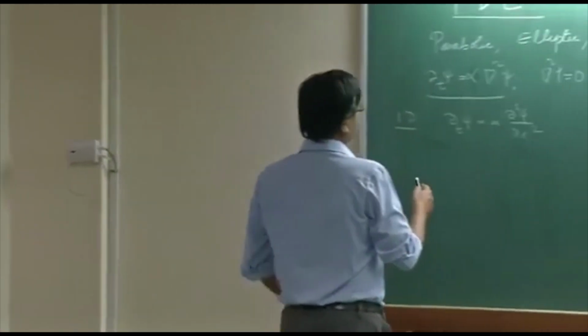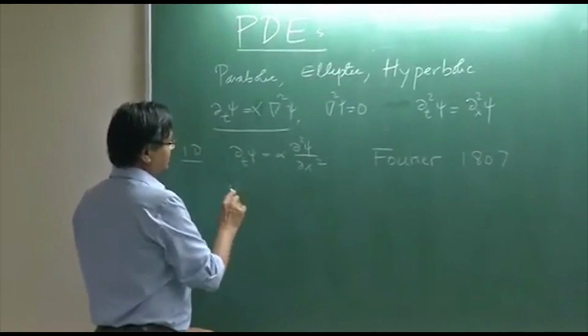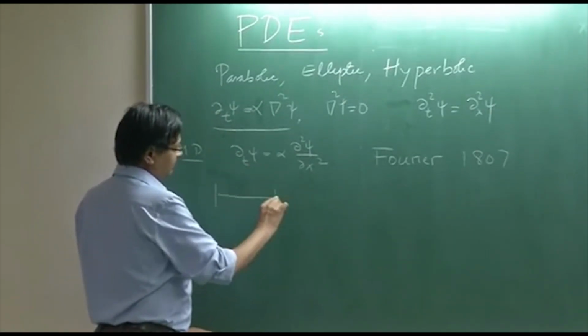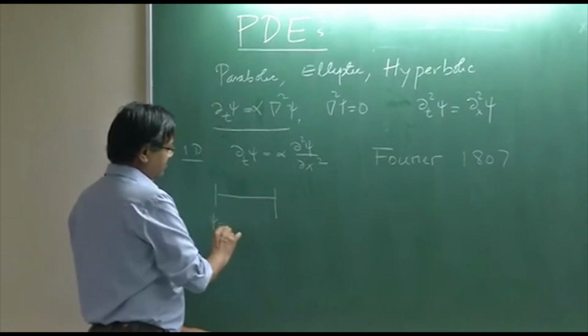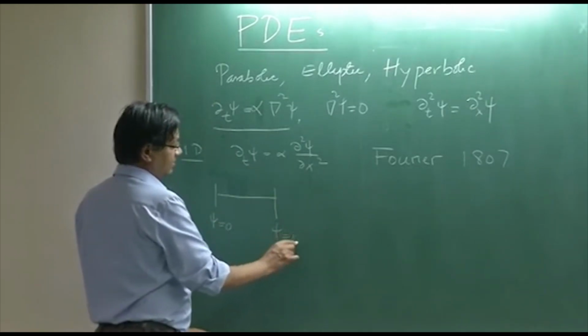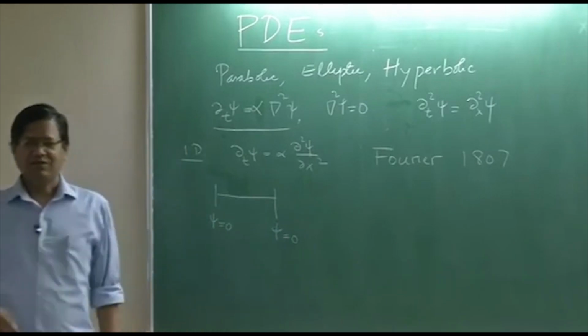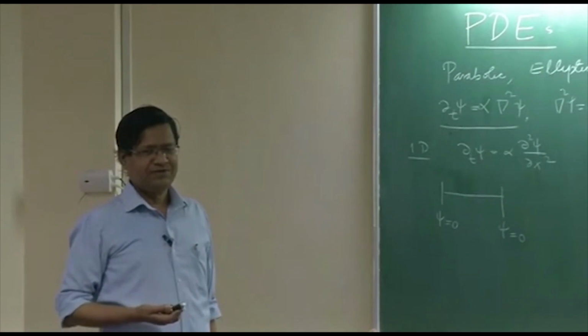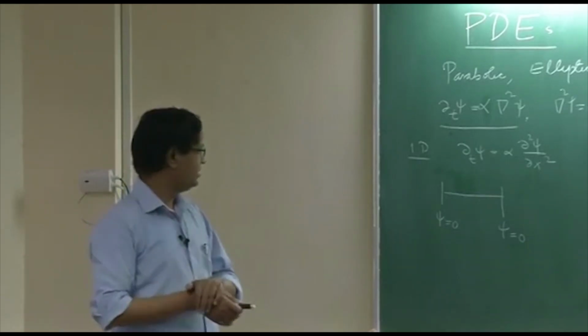So the idea is to expand. We'll assume that I am solving on a 1D grid where ψ is 0 at both ends. Let's assume that. It's very similar to a particle in a box or infinite potential.